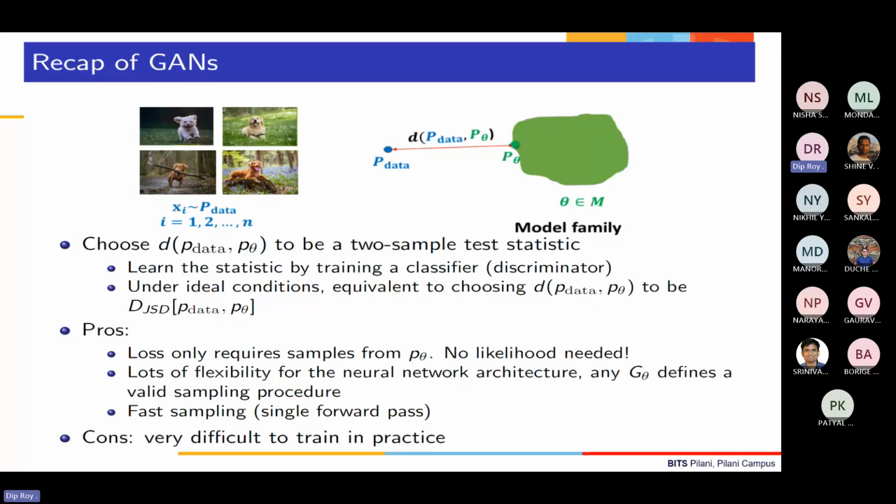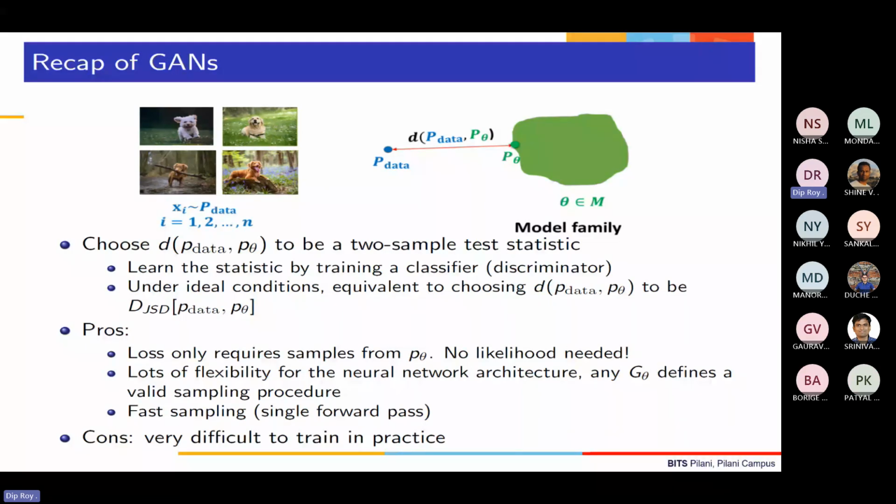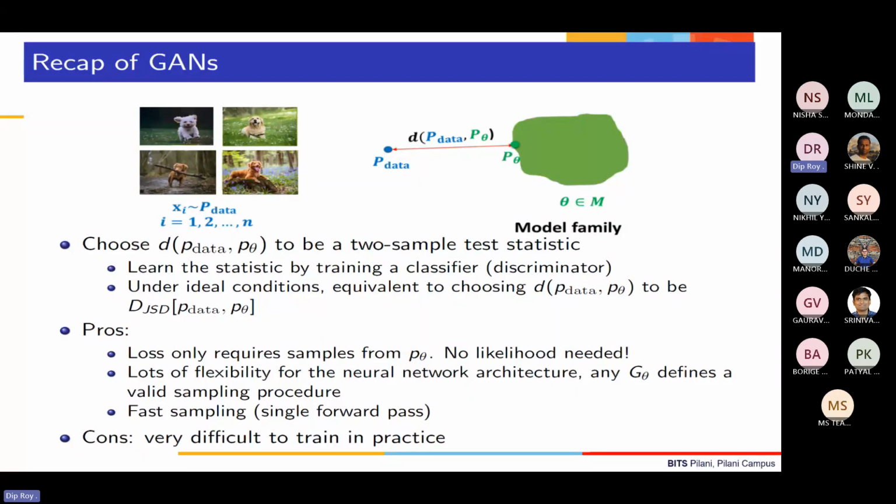But we all know that in practice we can never make the model distribution match the true distribution. It is just an approximation, and when it is an approximation, your maximum likelihood is not always a true reflection of your sample quality.